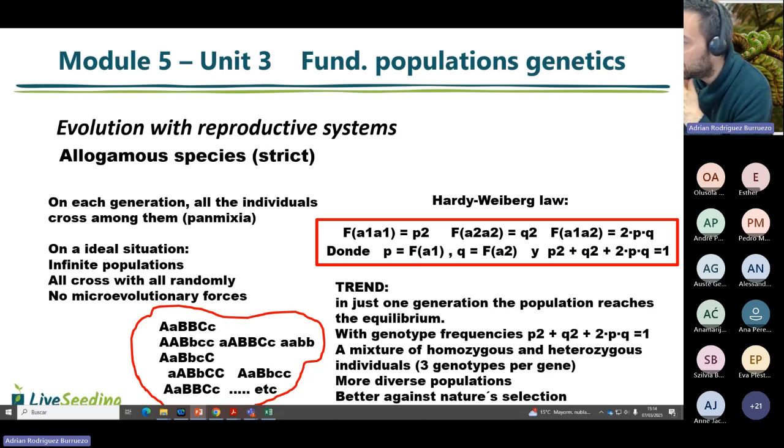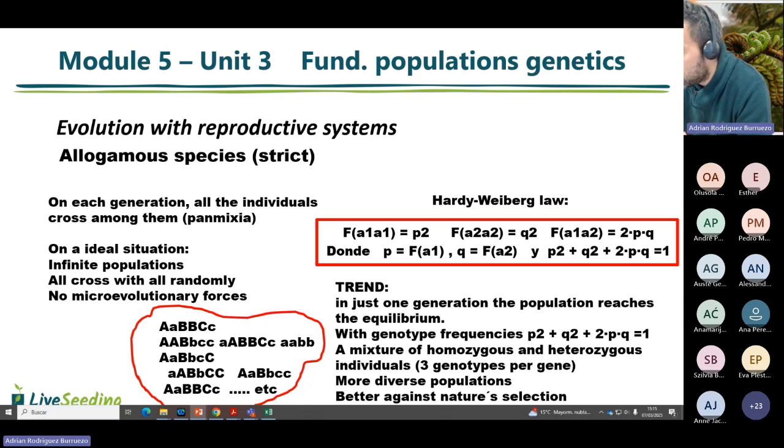What does it mean? This very simple law, which is the basis to understand what happens in most natural allogamous species, is based on the frequency of the two alleles, frequency of allele 1 and frequency of allele 2, p and q, okay? In allogamous species, which reproduce and behave under these ideal factors, the frequencies of the genotypes can be estimated, in the case of the homozygous A1A1, as p squared.